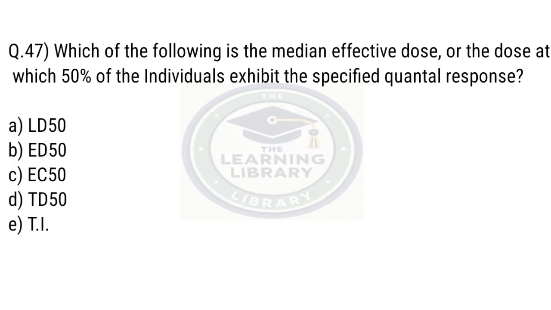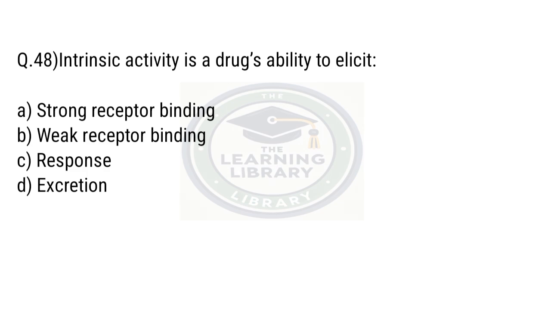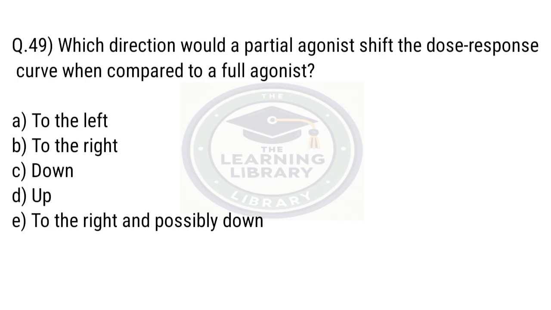Question number 47. Which of the following is the median effective dose or the dose at which 50% of the individuals exhibit the specified quantal response? The right answer is option B, ED50. Question number 48. Intrinsic activity is a drug's ability to elicit. The right answer is option C, response. Question number 49. Which direction would a partial agonist shift the dose response curve when compared to a full agonist?